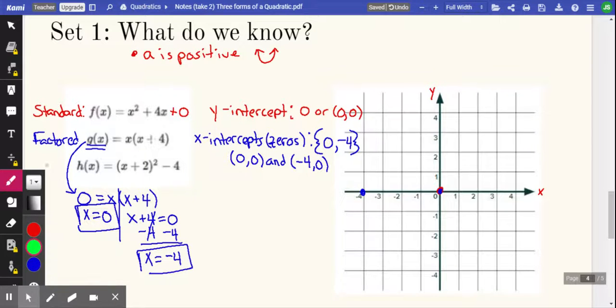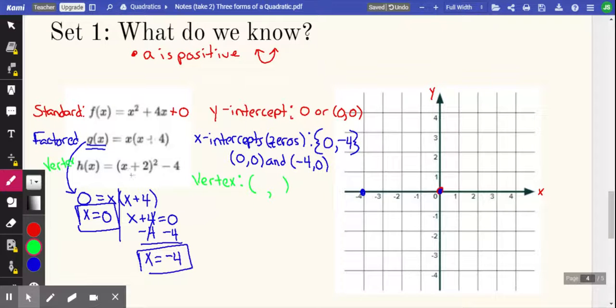Last but not least here, our new type of equation. We've got the vertex form. The vertex form is going to help us find our vertex. Kind of crazy, right? It's right there in the name. You just need to recognize which one you're talking about. In our vertex form, we find our turning point, or our vertex, and we need the x and the y coordinates.